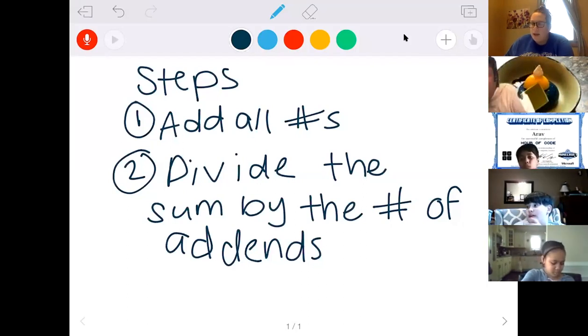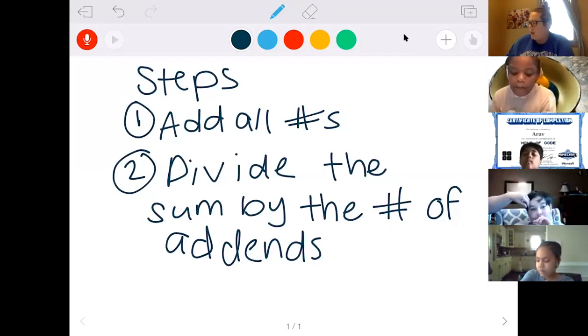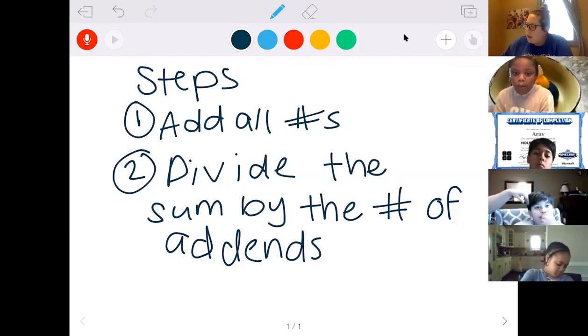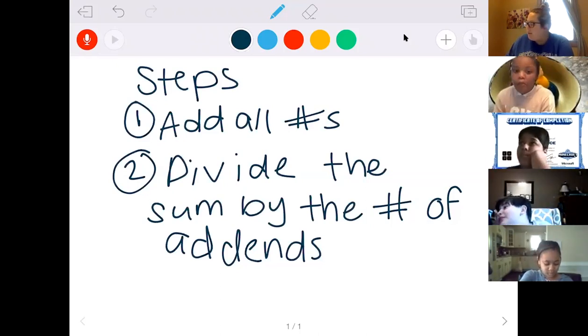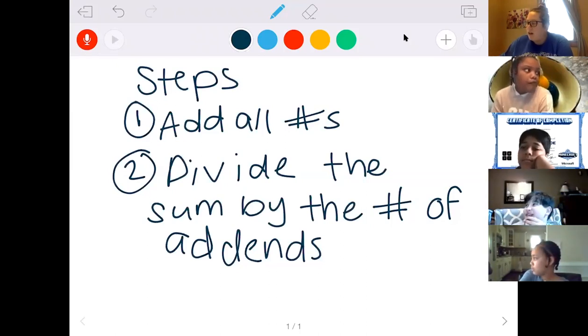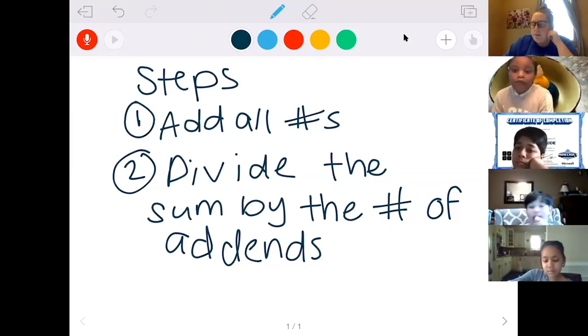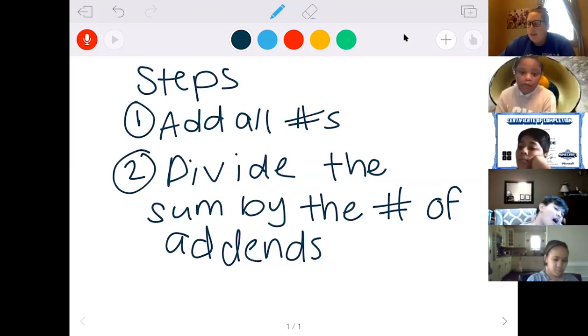We're going to see how much measurement we can really do being online. Then we might hit some, what else? Some graphs, and those are easy. And we'll see how far we get before the end of the school year. We probably will start with some fractions too, just the basic stuff. So get these steps down, and then we're going to find the average of these test scores.